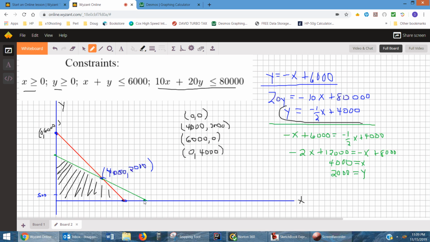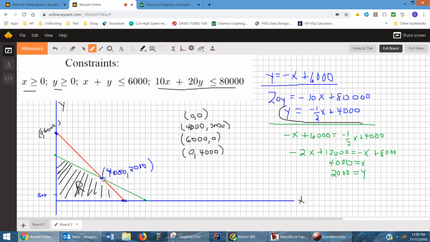And by the way, when y is 0, x is 8,000. So this is the point 8,000 out here. And under that green line would be this. And so this black region right here is the area that they have in common. This is the region that we're going to use to maximize our objective function.